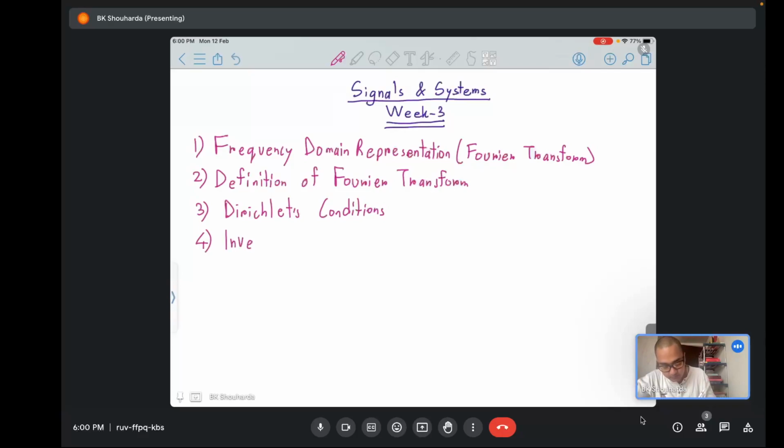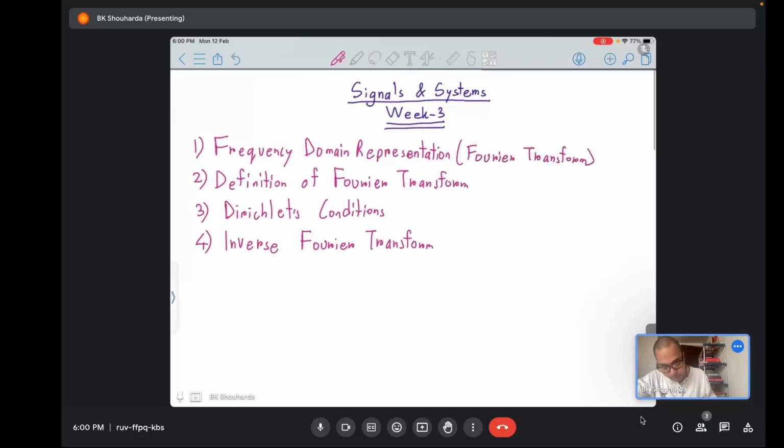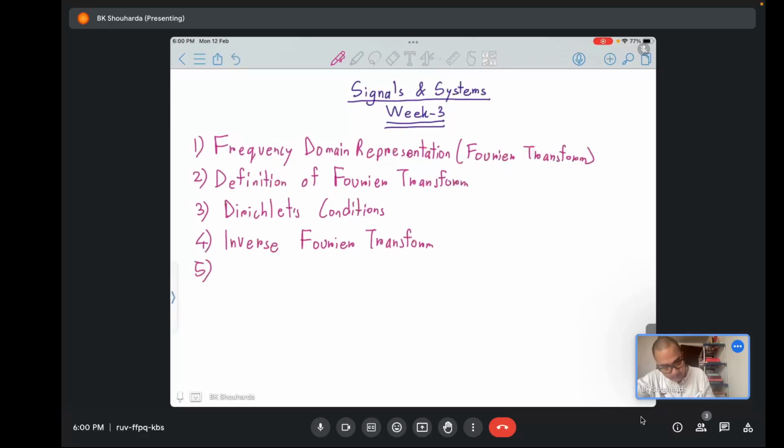Then we also saw the inverse Fourier transform, and finally a brief look at the frequency-time uncertainty relation.